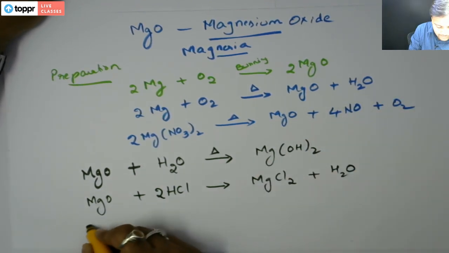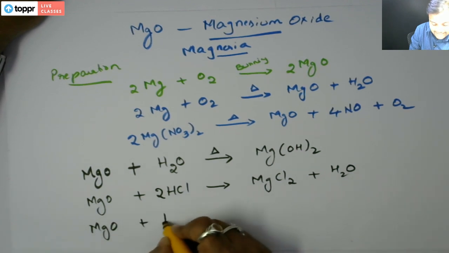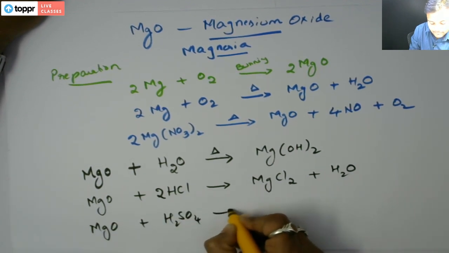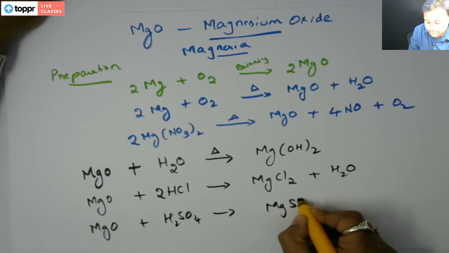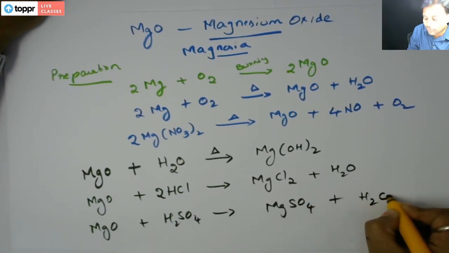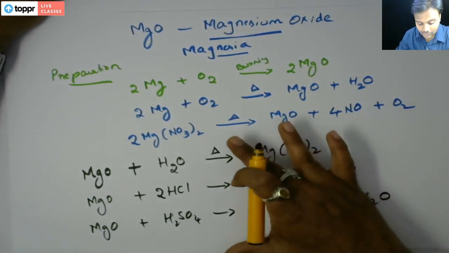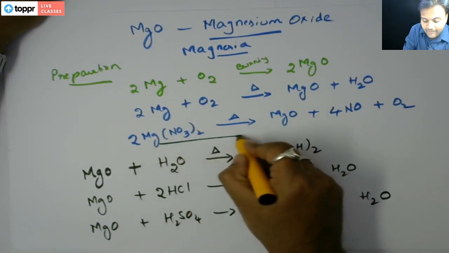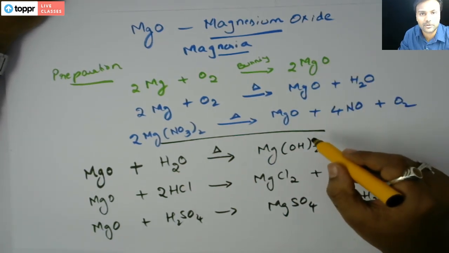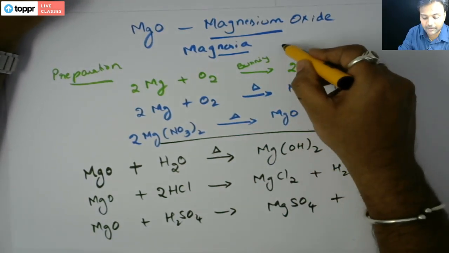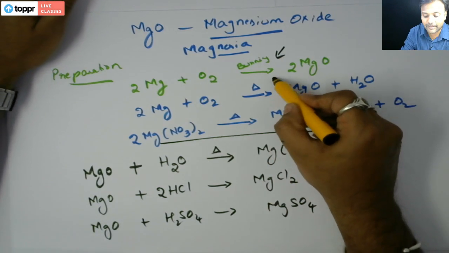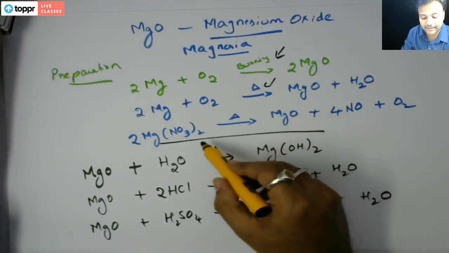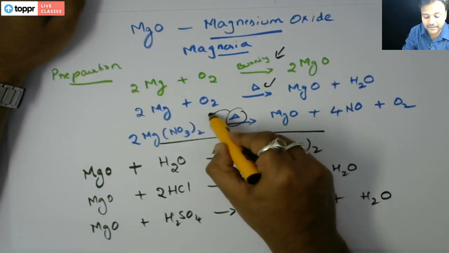So magnesium oxide, when treated with acids like sulfuric acid, gives magnesium sulfate and water. So these are some of the properties of magnesium oxide and how we can prepare it. We prepare magnesium oxide by burning of magnesium, by heating of magnesium hydroxide, and by heating magnesium nitrate.